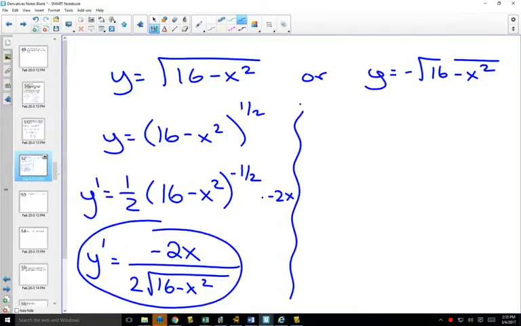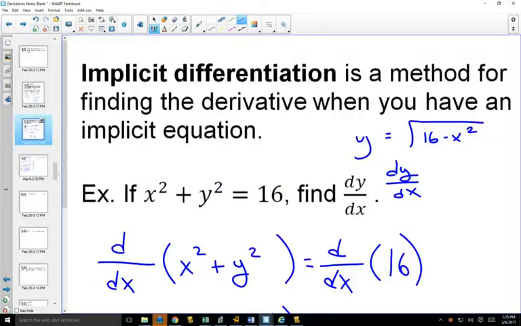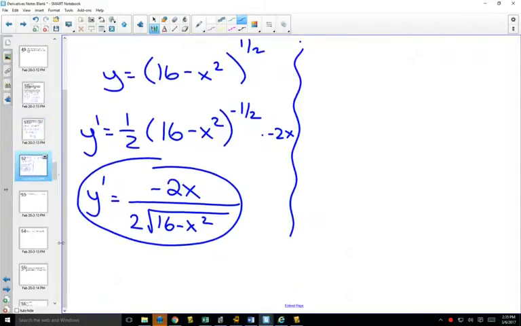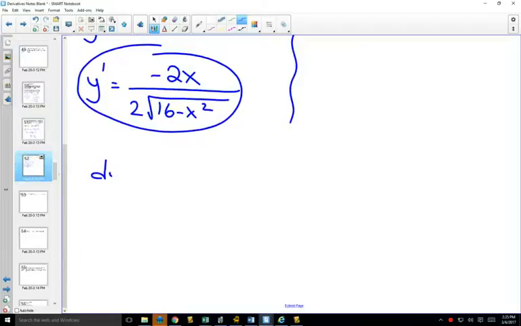Using implicit differentiation, what did I get as my derivative? I got negative 2x over 2y.